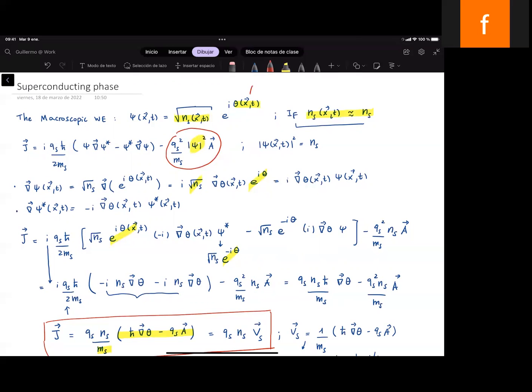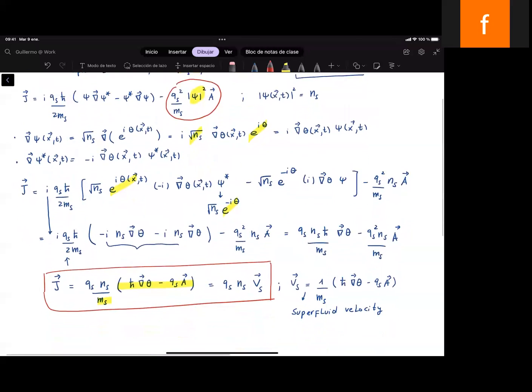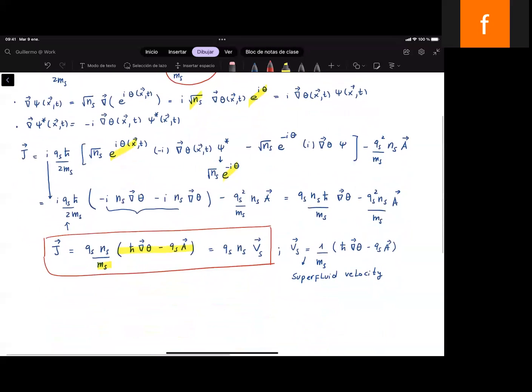First of all, we can relate the gradient of the phase, so any spatial fluctuation in the phase, to the superconducting density current.